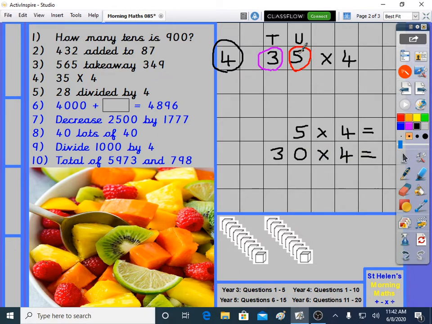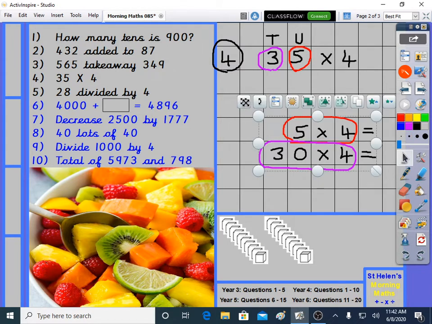This red part is where you do the 5 times 4, and this purple part is where you do the 30 times 4, because this 3 is not really worth 3, it's worth 30, because it's in the tens column. If we do 5 times 4 and 30 times 4, we can add the answers up at the end.